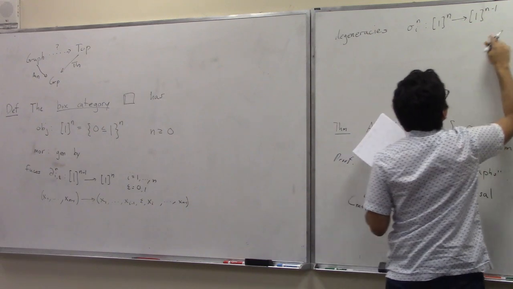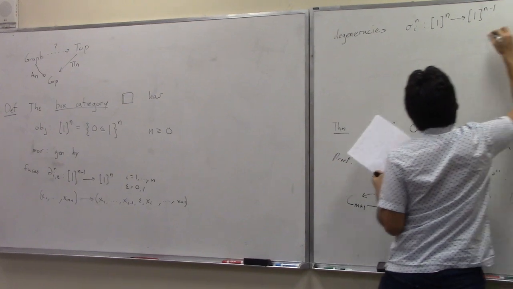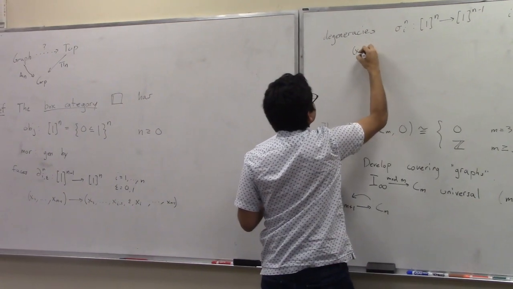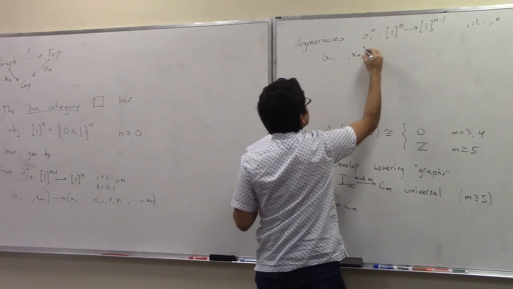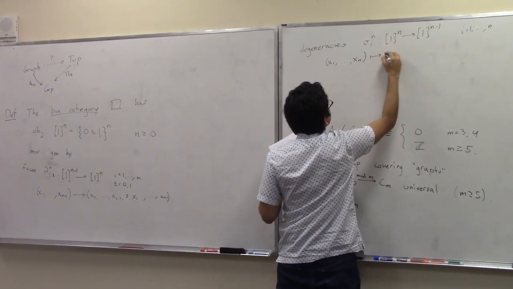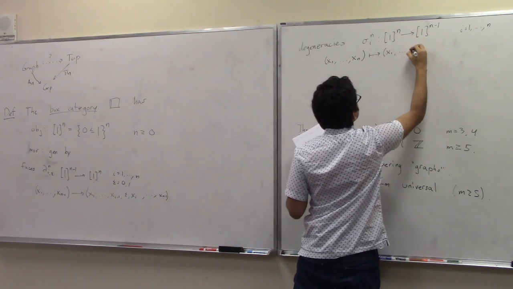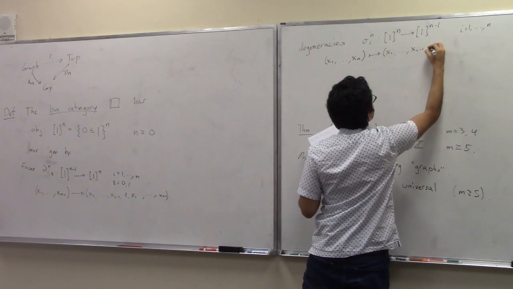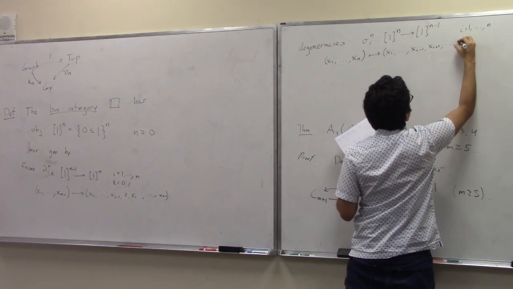It goes from [1]^n to [1]^{n-1}, where here i ranges from 1 to n. And this is the map which sends a tuple in here to the tuple with the ith coordinate removed. So I see x_{i-1}, and I just skip x_i and go straight to x_{i+1}.